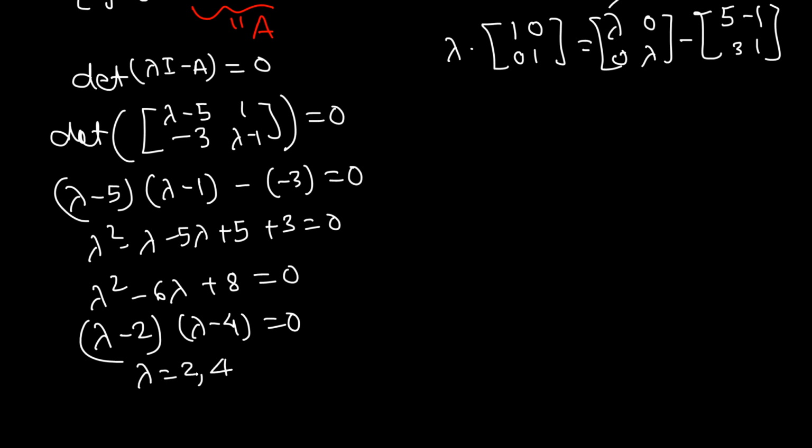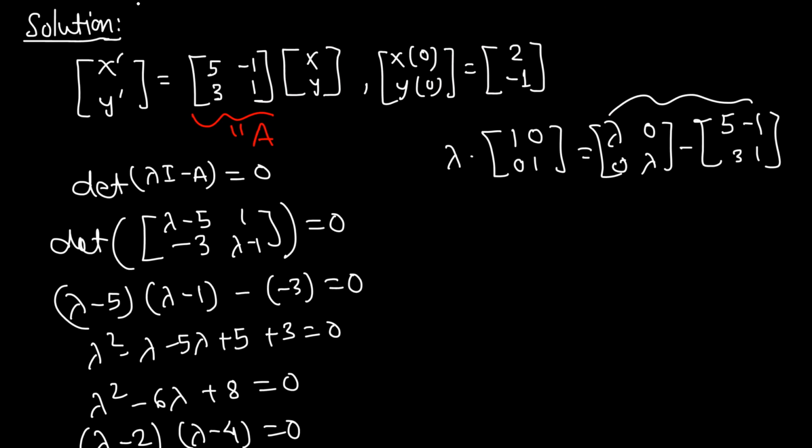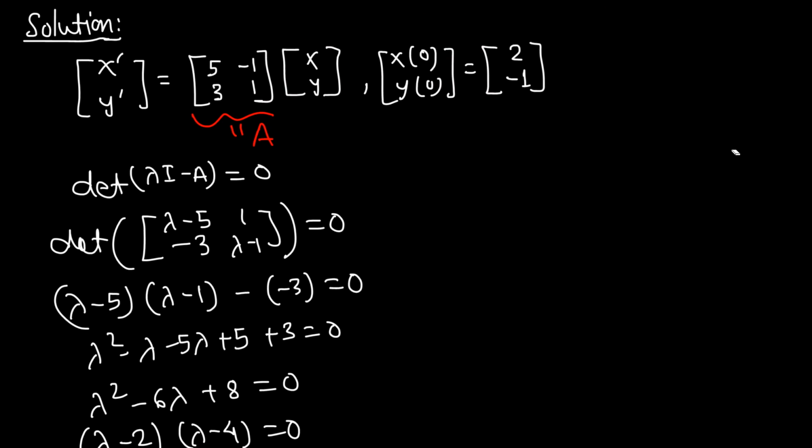Now for these two lambdas, 2 and 4, we need to find the corresponding eigenvectors. So let me erase this here. So let's find the corresponding eigenvector, let's say V, for lambda equals 2.